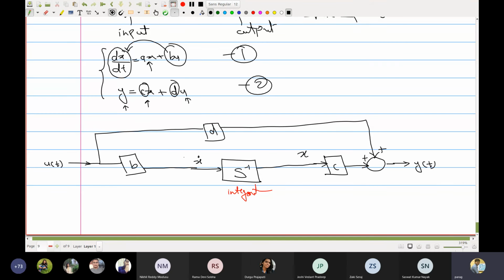Now, the only thing which is left is the contribution from A. What is the contribution from A?